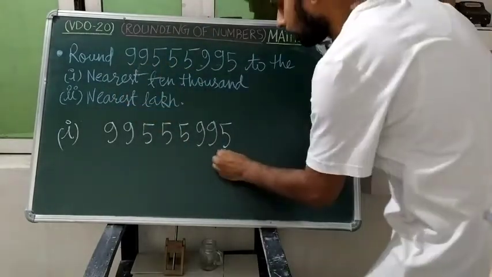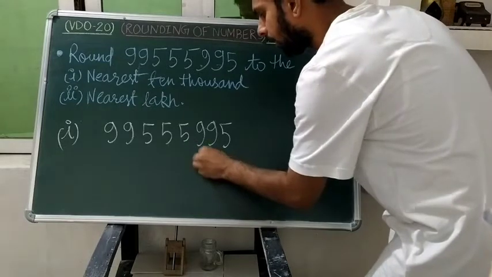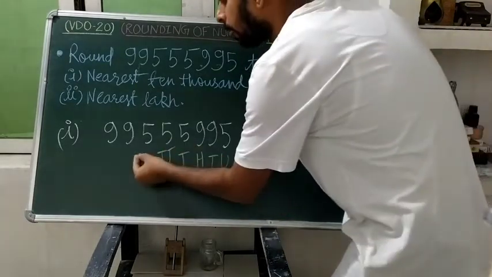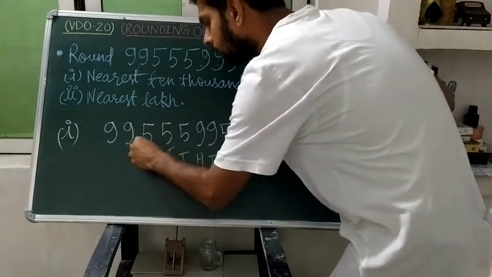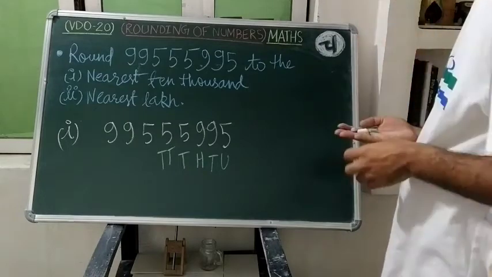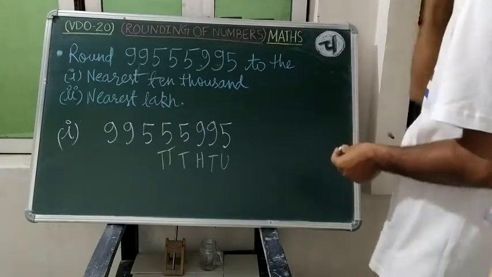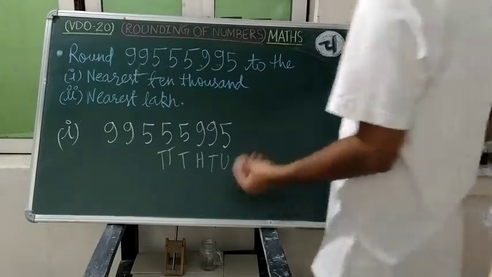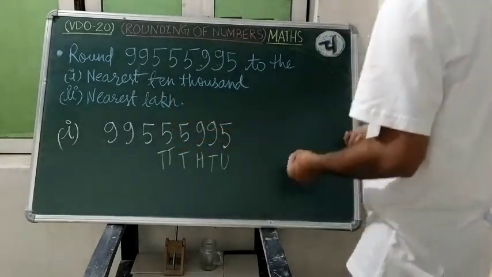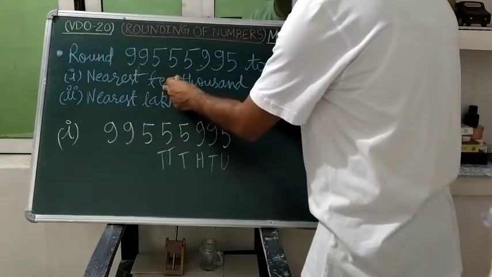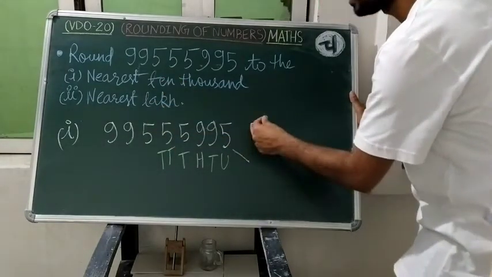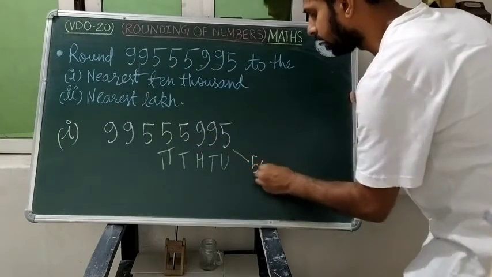So unit, 10, 100, 1000, 10,000. At the 10,000 place what is present? 5 is present. So read the multiple of 10,000 five times. That will give us 50,000.